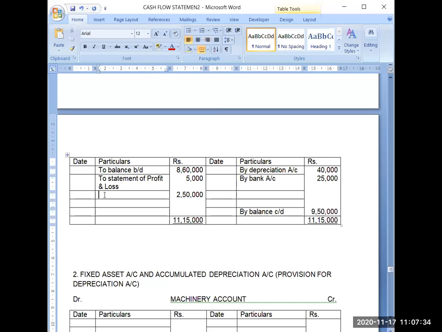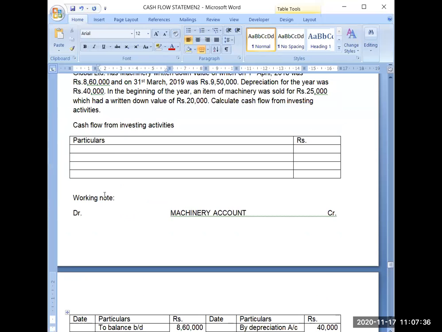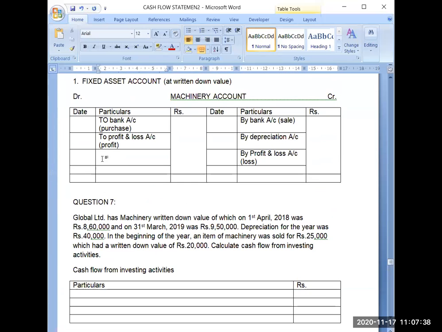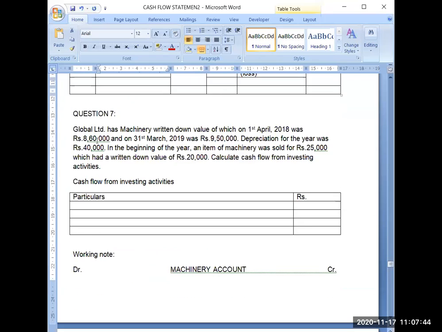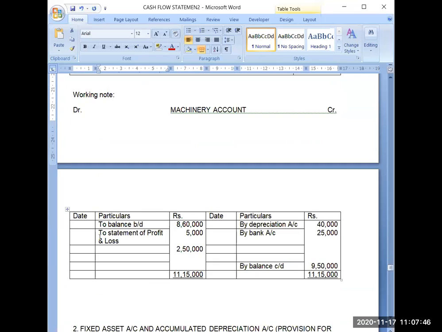Now what will this difference be? Obviously on the debit side, if you see the format, there can be either a purchase entry, a profit entry or an opening balance. So opening balance and profit are there already. So only one entry is missing, that is to bank account. So obviously this entry will be to bank account.